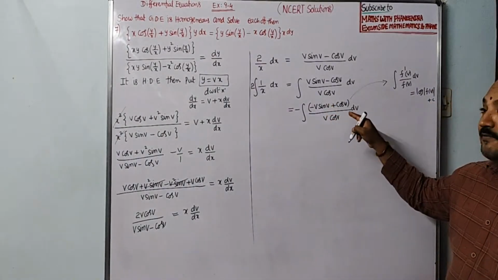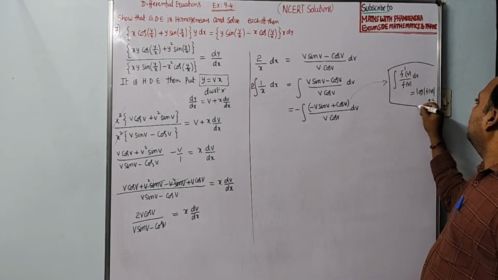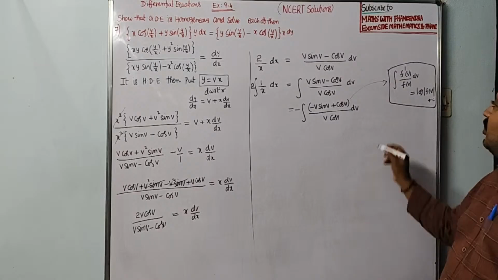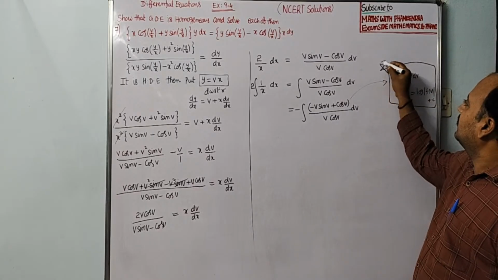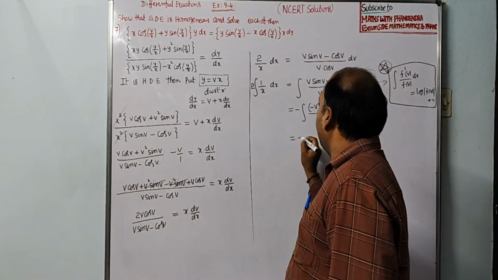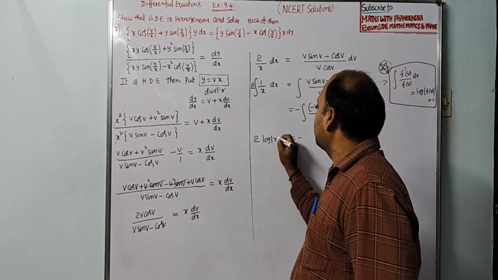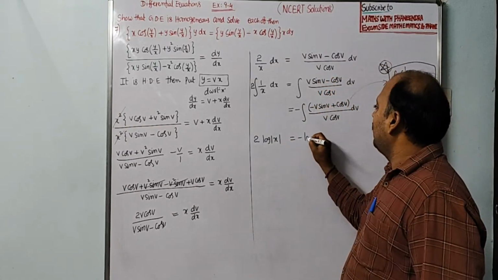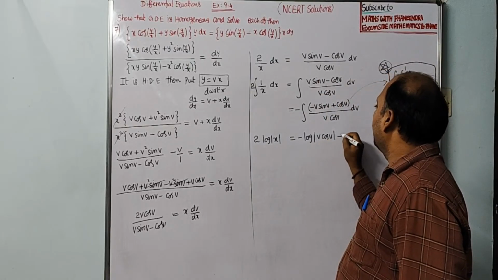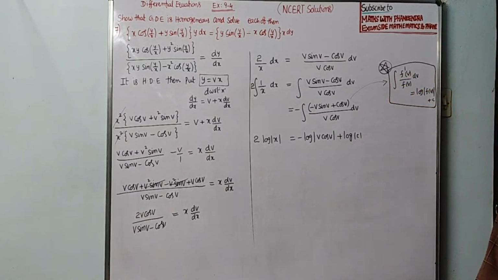So integral f dash of v by f of v dv is equal to log mod f of v plus c. Okay, dear students, I hope you understand. So which is equal to minus, here 2 also constant, integral 1 by x is log mod x, minus log mod v cos v plus log c. Okay.